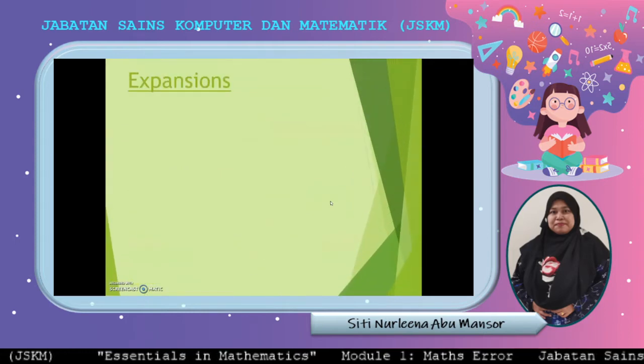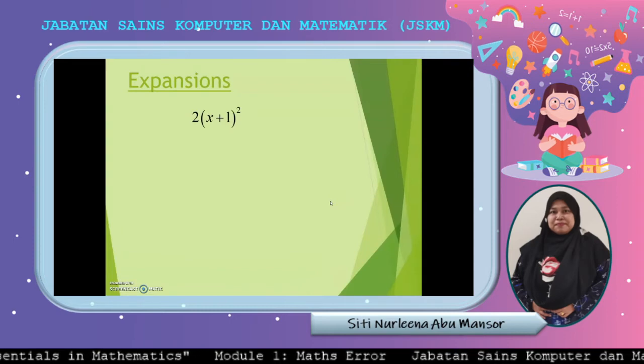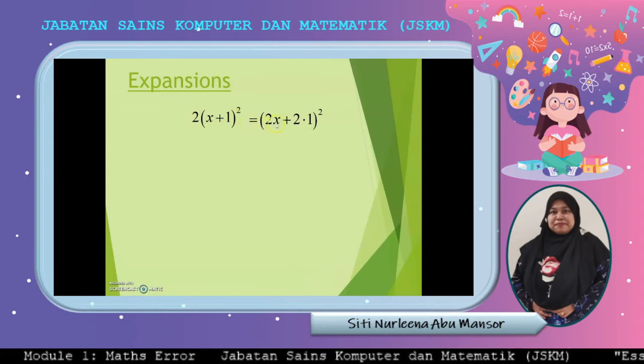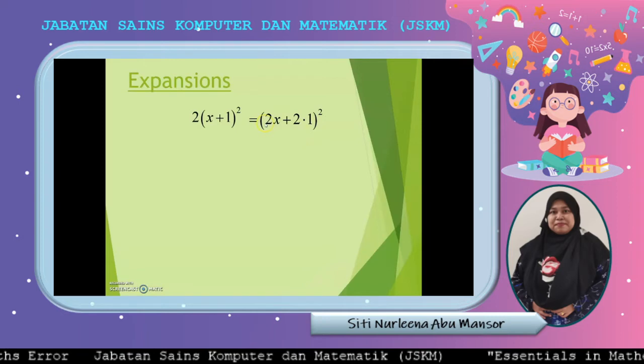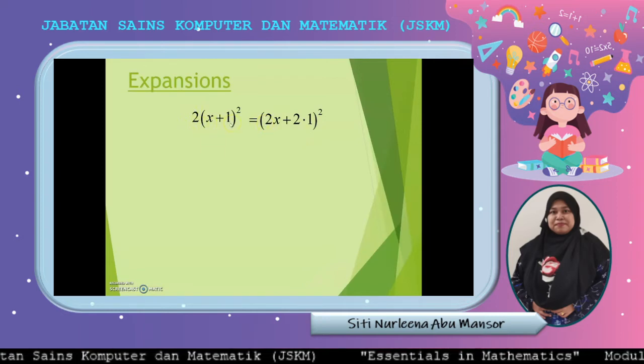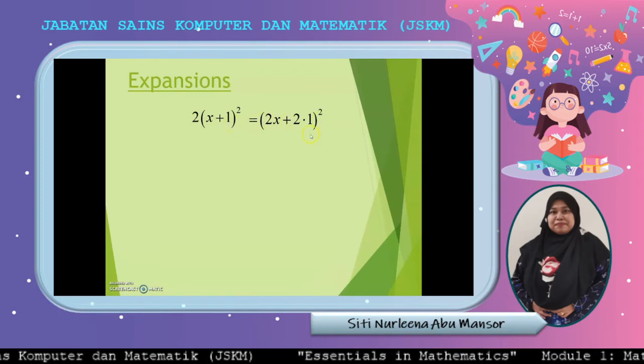Okay, another example of error in expansions. Let's say this one. We have a constant in front of the bracket. As usual, what students did wrong is that they first multiply the constant with the function inside the bracket, without expanding first. So this is wrong.